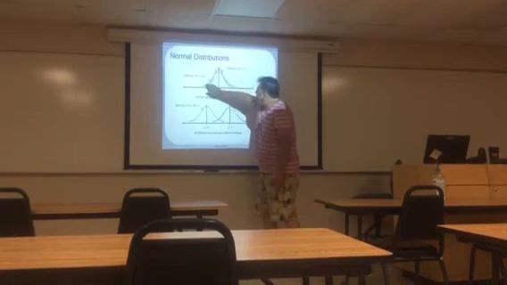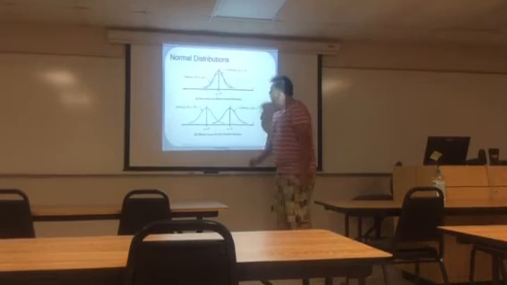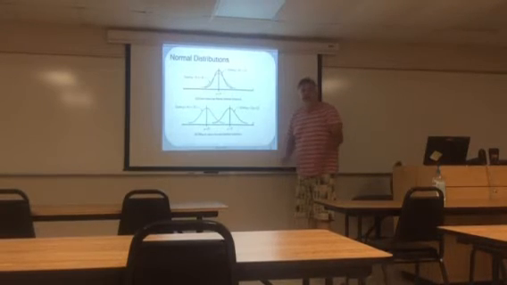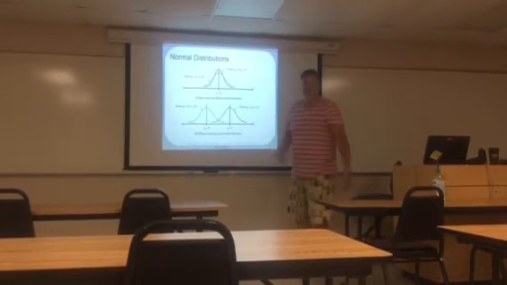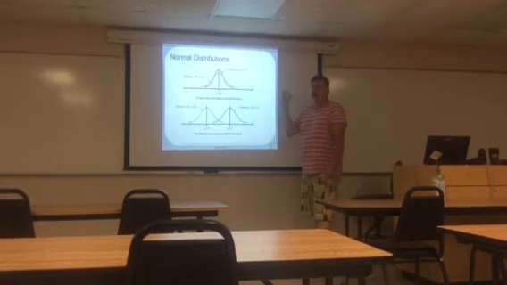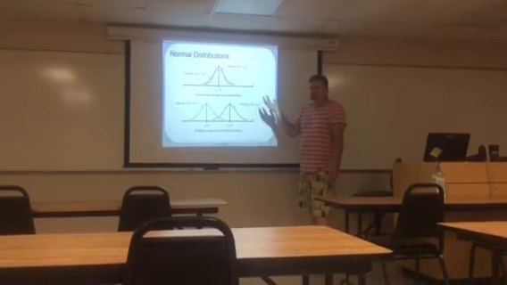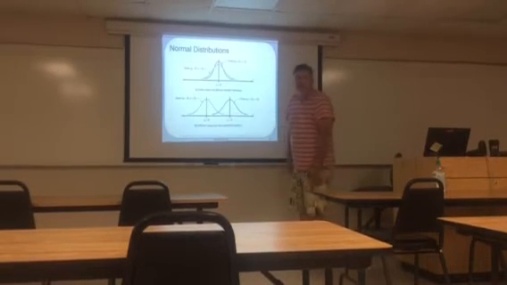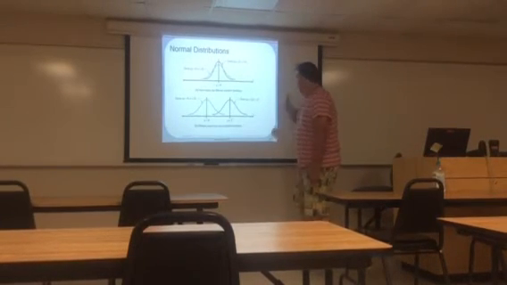As you can see how the curve dips down, it never does touch the x-axis. It goes on for infinity. It goes on forever and ever. So you could have values of positive 10 standard deviations. There's no limits to how far that goes.